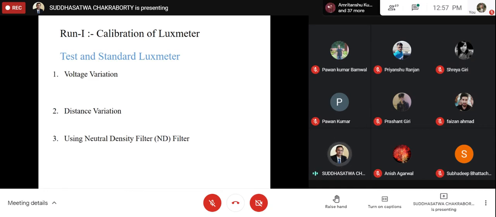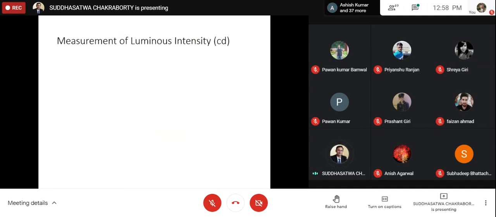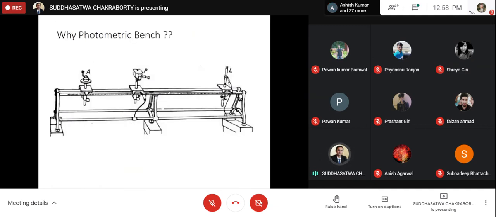Then what will be the third option? The neutral density filter, abbreviated as ND filter. The name suggests this kind of filter will reduce the light. It is basically a kind of optical filter, a glass or acrylic type of filter, which is placed between the source and the sensor.